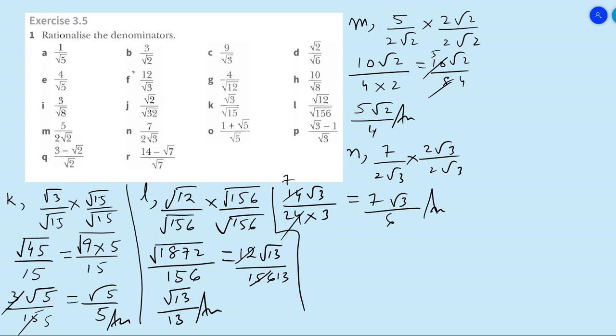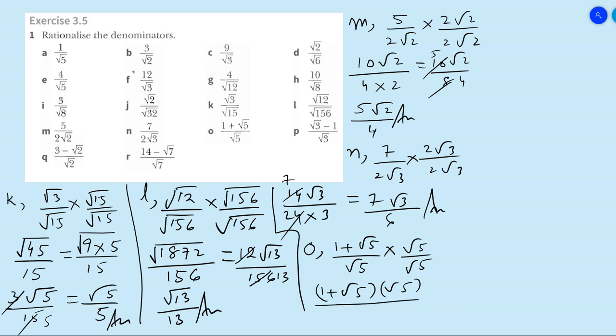Now come to part O. Part O is 1 plus root 5 upon root 5. Multiply and divide by root 5 upon root 5. Multiply 1 plus root 5 by root 5. This time I am not showing it directly. Root 5 into root 5 is 5.